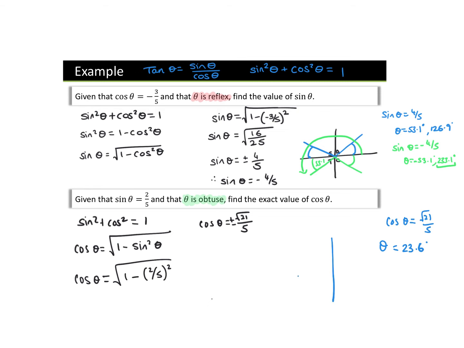Now if I was to draw my CAST diagram, 23.6 is roughly here. I'm going to reflect it here. Is this going to give me an obtuse angle? No, because obtuse is in this quadrant here, between 90 and 180. So I don't even need to work out the next angle. I just know then that cos theta equals negative root 21 over 5.